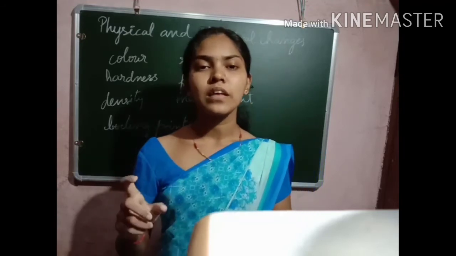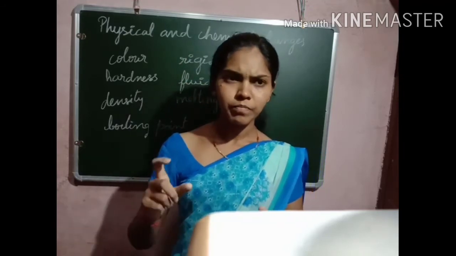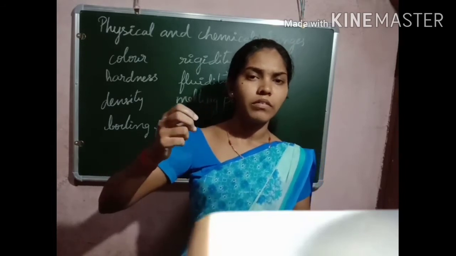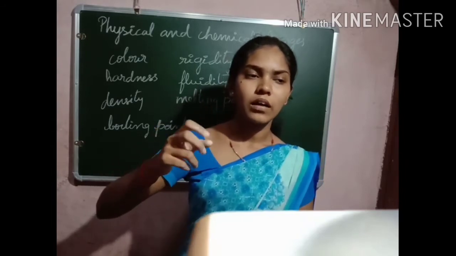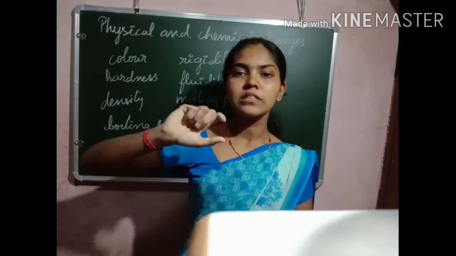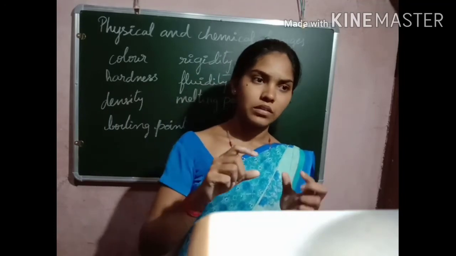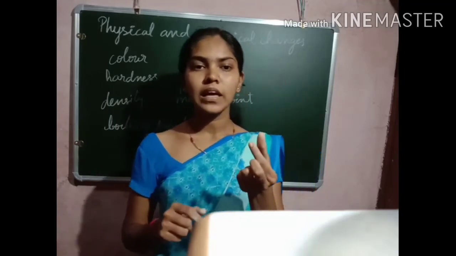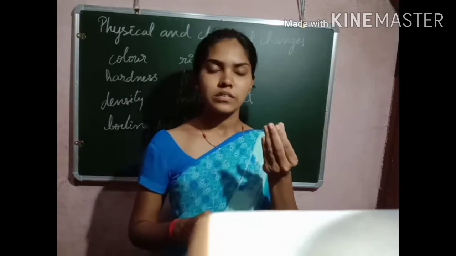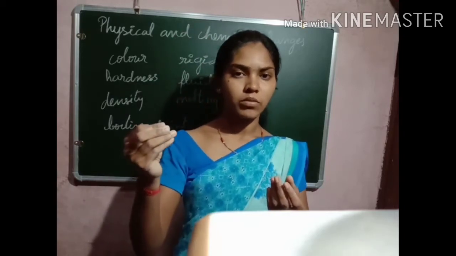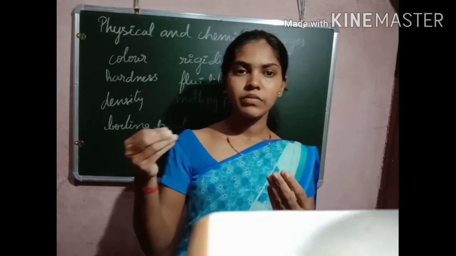If you take the example of burning a candle, what happens when you burn the candle? You will obtain the wax, isn't it? And there is both physical and chemical change. Why? Because before burning, the candle is in the solid state, and it is converted into candle wax vapors.